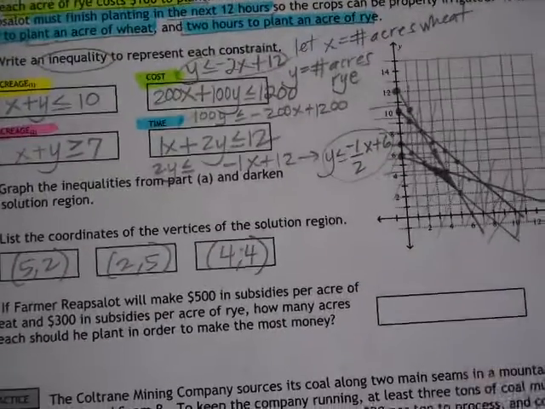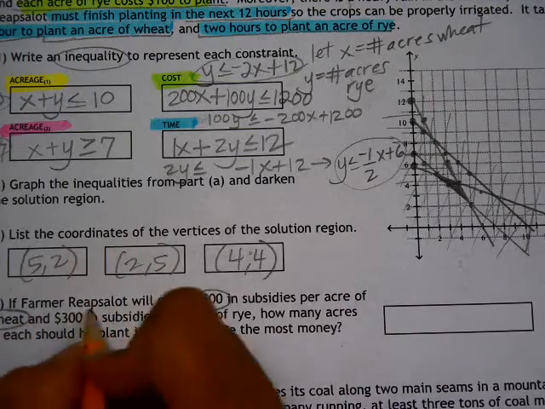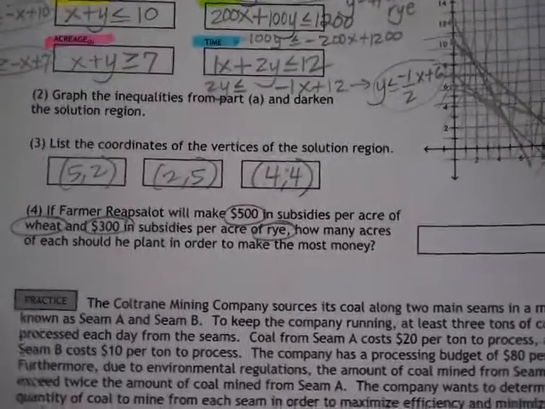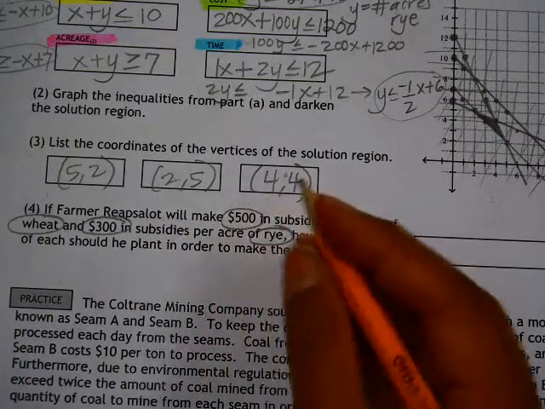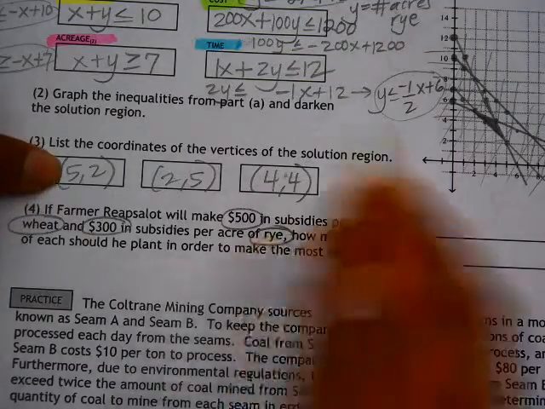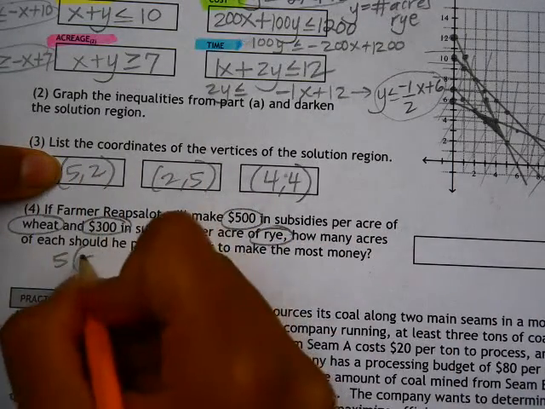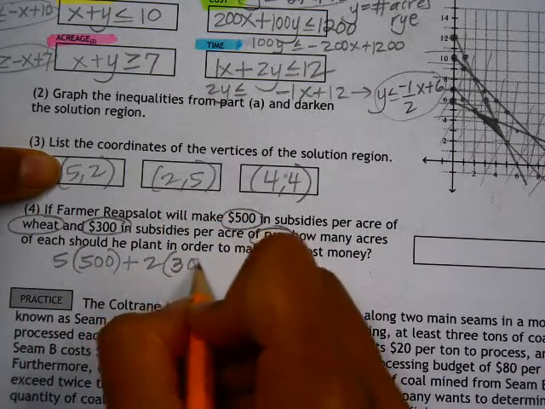And then it says he's going to make $500 for each acre of wheat, $300 for each acre of rye. So we can check to see which of these vertex points would give us the maximum profit. Here, this is the wheat and this is the rye. So 5 times 500 plus 2 times 300.